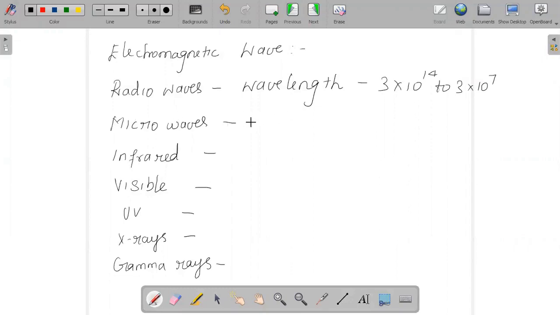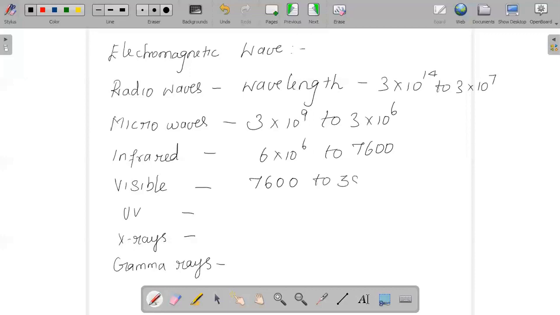For microwave, the wavelength is between 3 into 10 to the power of 9 to 3 into 10 to the power of 6. For infrared, 6 into 10 to the power of 6 to 7600. In the same way, you will have ranges for visible as well as ultraviolet rays, X-rays and gamma rays. It is more important to know at least the visible, ultraviolet and gamma rays.